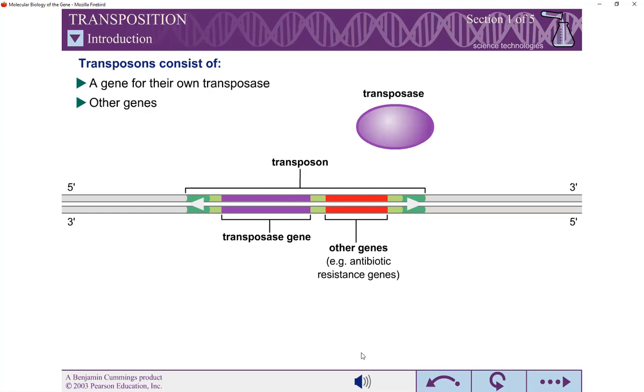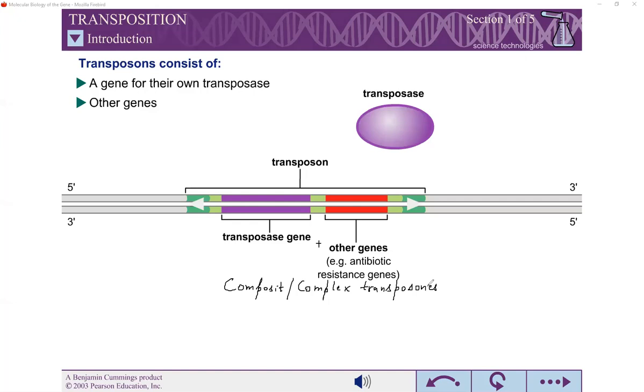Such transposons, which have other protein coding genes along with the transposase gene, are commonly referred to as composite transposons or complex transposons.